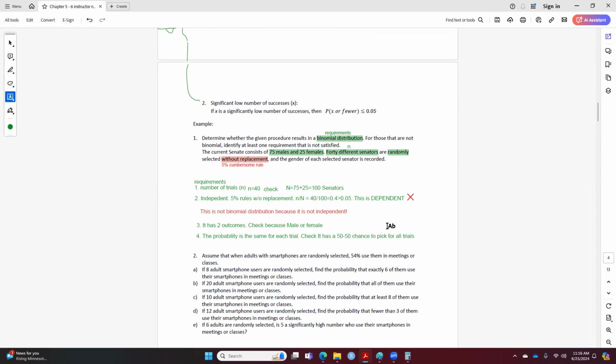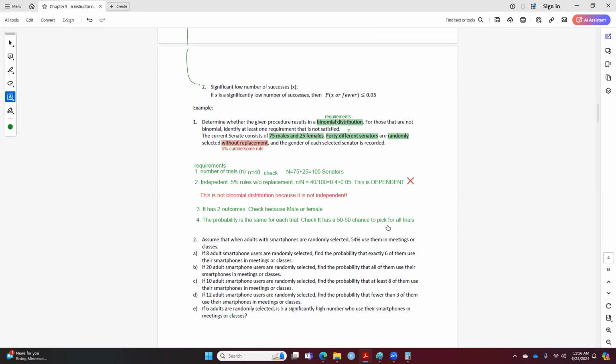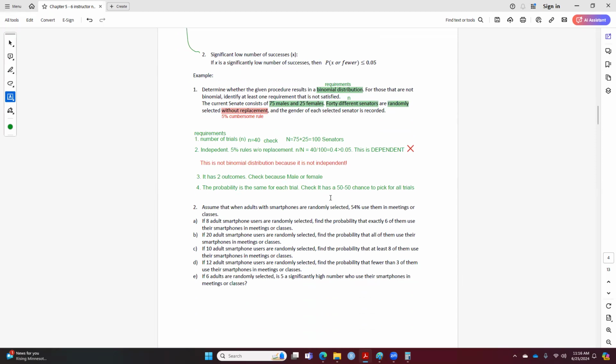Questions on the first question here? All right. Second question. Question 2 is asking, assuming that when adults with smartphones are randomly selected, 54% of them use them in the meetings or in the classes. So this is important.